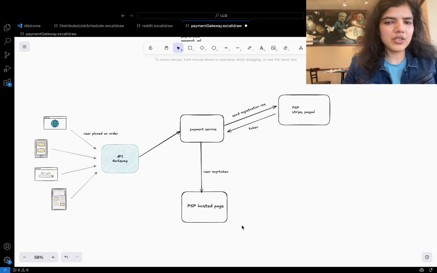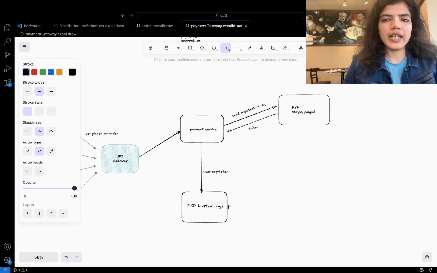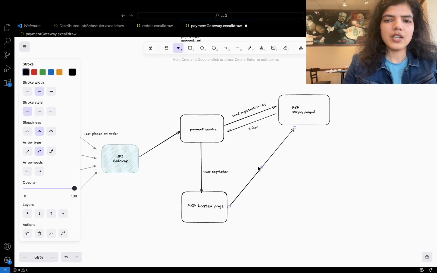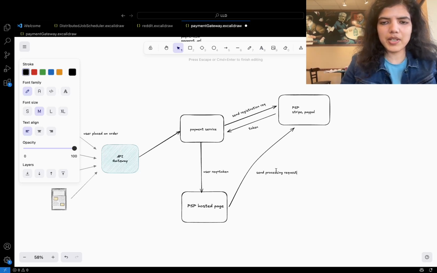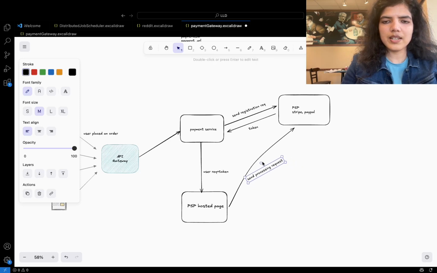When the user puts in the account information and everything, those requests will again go to the PSP to start the processing. So in order to start the processing, we'll send a request to the PSP. These requests would be sent here.